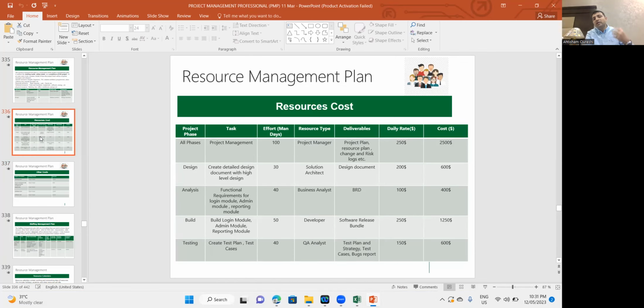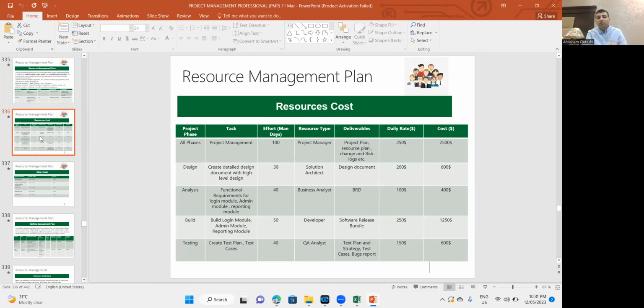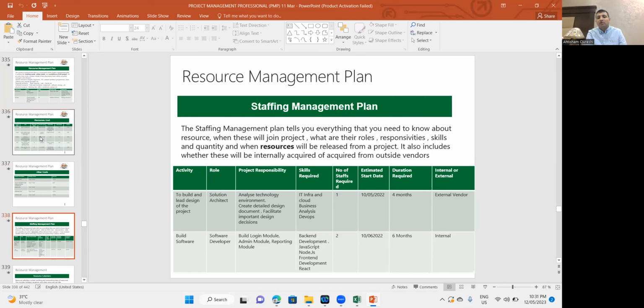So the resource management plan is about all equipment, material, manpower, and their overall cost, as well as what you need. But it does not have an actual duration mapped to it, right? That we saw in the staffing management plan, that you know when you need this type of resource and for how much duration you need it. This is key in the staffing management plan.